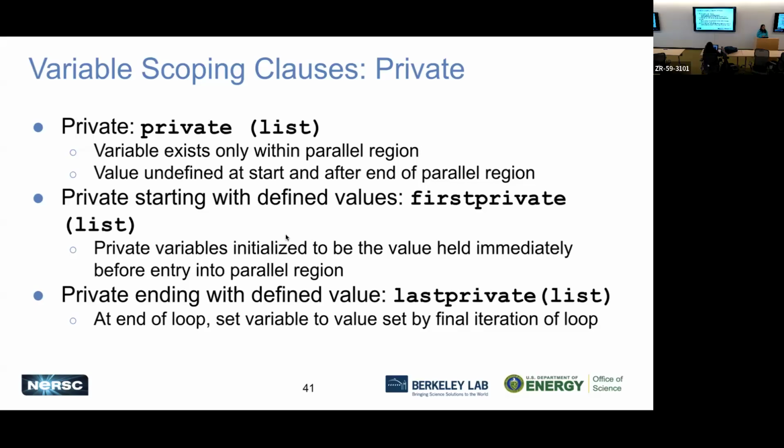Firstprivate means that if the variable is declared before you enter the parallel region, it has a value, and when you enter the parallel region, it is already defined and has that value inherited from before entering. That's called firstprivate. Lastprivate means within the parallel region you do something and define this variable with some value. When you exit the parallel region, the variable will have the last value, usually from the last loop index, that you had for that variable.